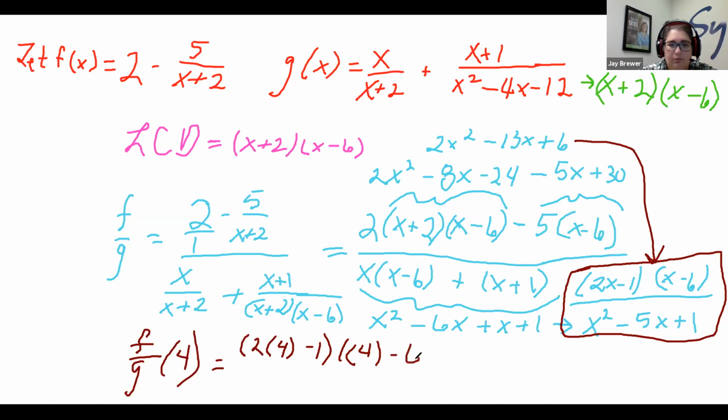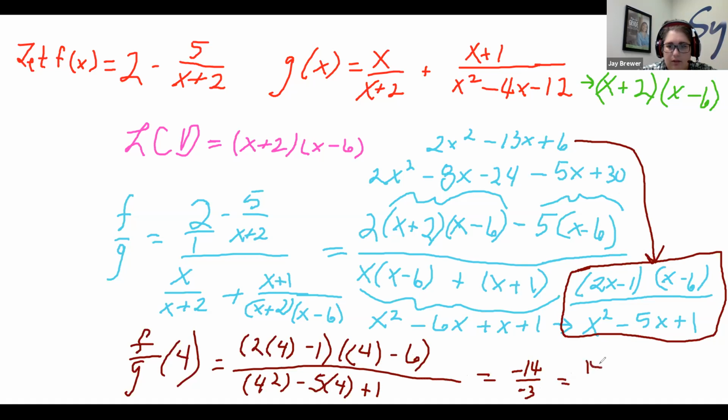But I'm just going to go from the factored form. And if anyone has any questions, please ask me. Once you simplify down, you should get negative 14 over negative 3, which will just be 14 over 3.